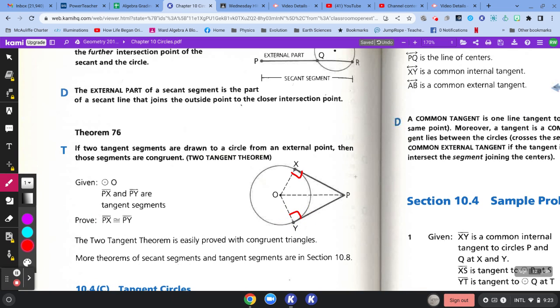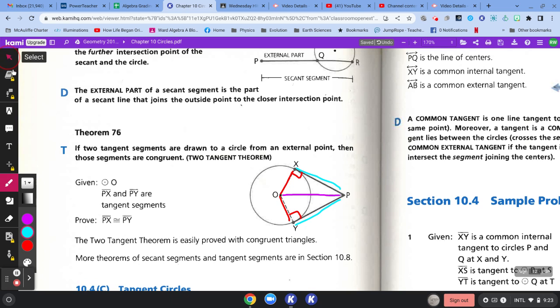And also, let's note that OY here and OX are radii. And then we can also use the no-brainer theorem that OP is itself. And now we have two right triangles with a leg and a hypotenuse that are congruent. So we can use hypotenuse-leg, and then we can say very easily that XP and YP are congruent by CPCTC.